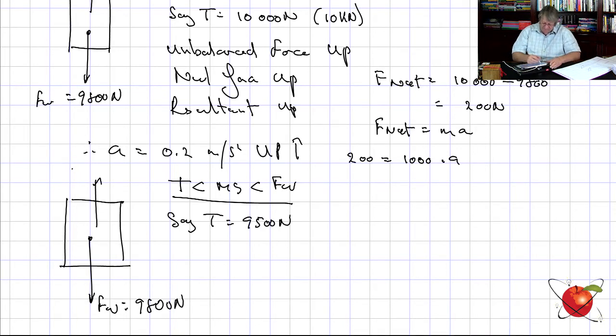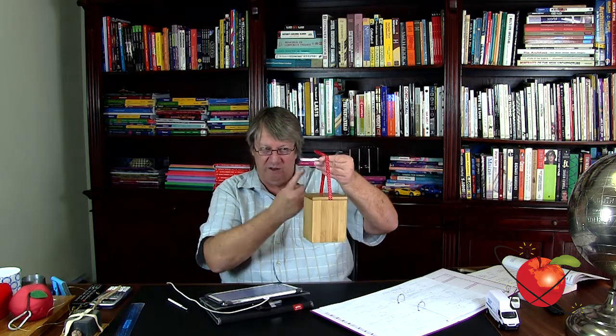Now it's less. What happens? Well, obviously, if I can't hold it up enough, if the weight's too much, it's going to drop. That's all this is saying: you can't hold it. The weight's going to drop.